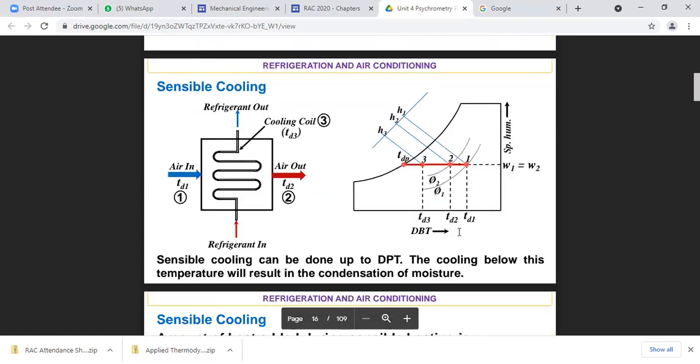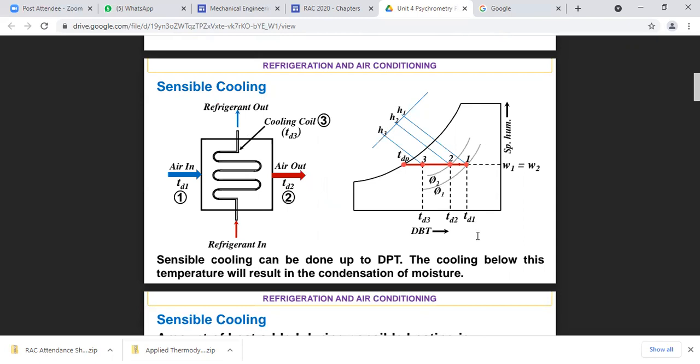Now the next point is sensible cooling, and the word only is used to signify that the process is only sensible cooling, and there is no latent heat removal. Latent heat removal from air occurs when some moisture content in the air is condensed, bringing down the amount of moisture content in the air.